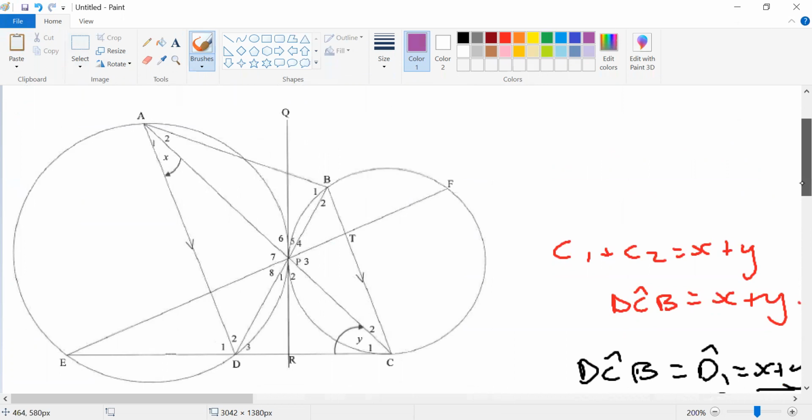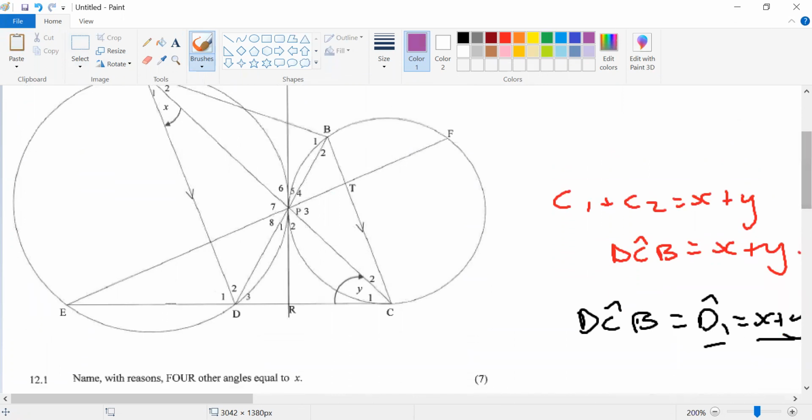So let's first see where DCTP is. DCTP is actually the shape that is created right here. So they're telling us that this is a cyclic quadrilateral. We don't have to prove anything relating to that. All we need to do now is solve for x plus y.